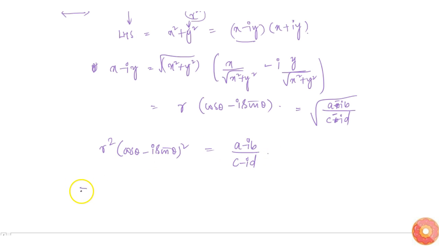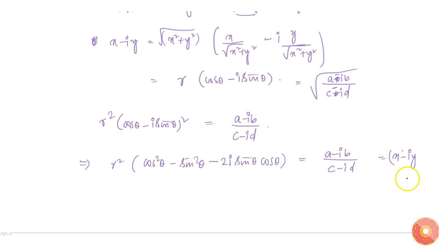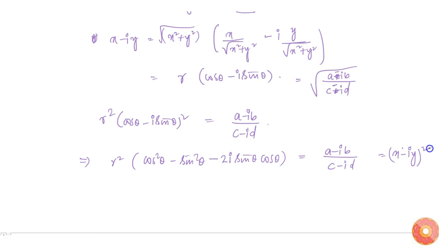This I can write as r square into cos square theta minus sin square theta minus 2i sin theta cos theta, which is equal to a minus ib by c minus id, or simply x minus iy whole square. We can write this as r square into cos 2 theta minus i sin 2 theta.